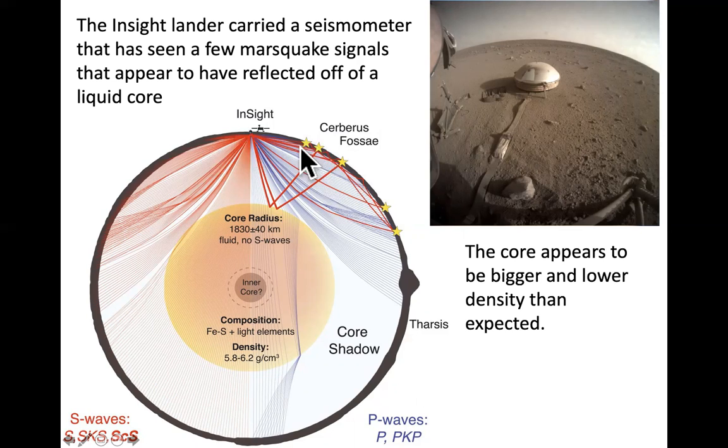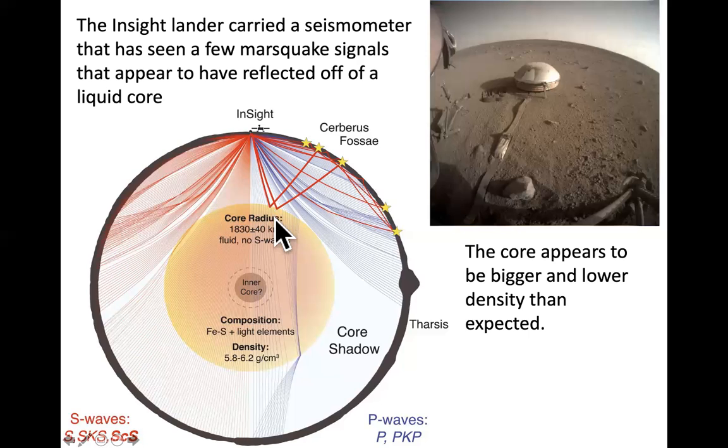One is coming directly from them along near the surface to the instrument. Another, which takes a longer time to get there, goes down, bounces off something, and gets back here. Now, this is observed on Earth as well.